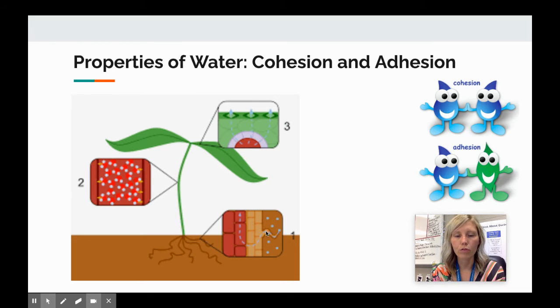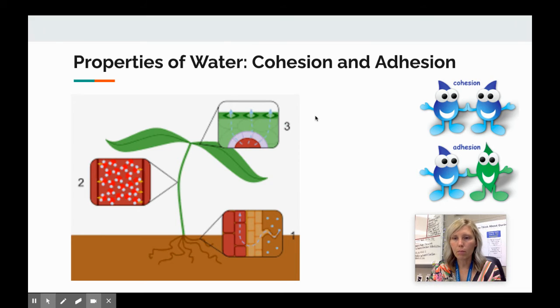So water's moving from the soil up the stem. And then here, I see the beginning of that red structure, but it looks a little bit more circular, like maybe I'm looking down on the top of a straw. And it appears that the little blue dots, or maybe the water molecules, are actually leaving the leaf. And that's exactly what happens through transpiration.